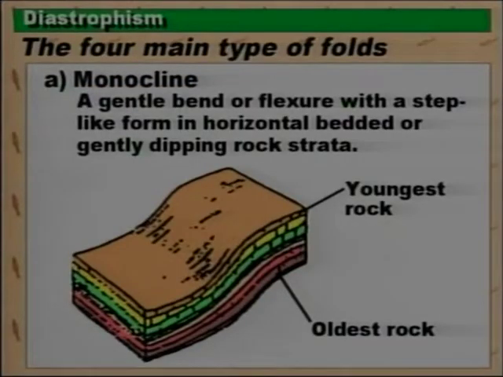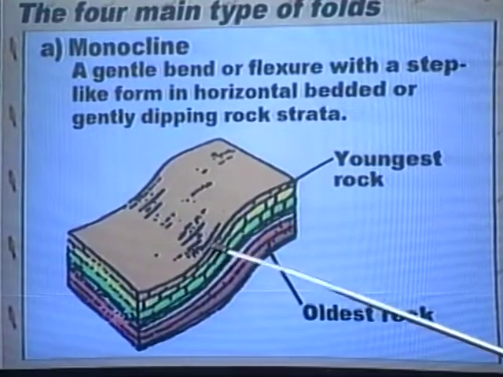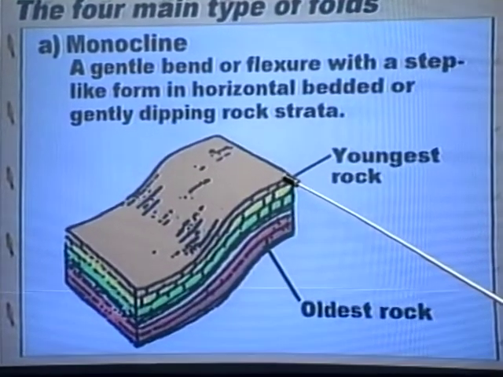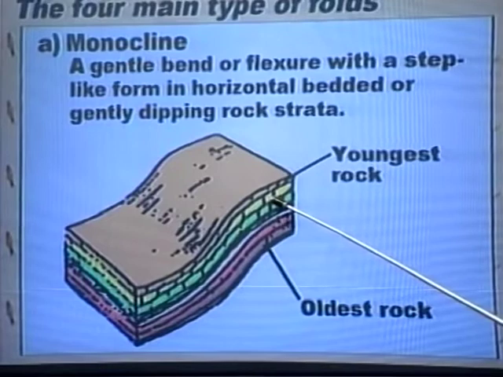A monocline, definition given. It is a gentle bend or flexure with a steep-like form in horizontally bedded or gently dipping rock strata. In a monocline, the reason why it is called a monocline is because if you look at this diagram, it tends to contain only one limb.